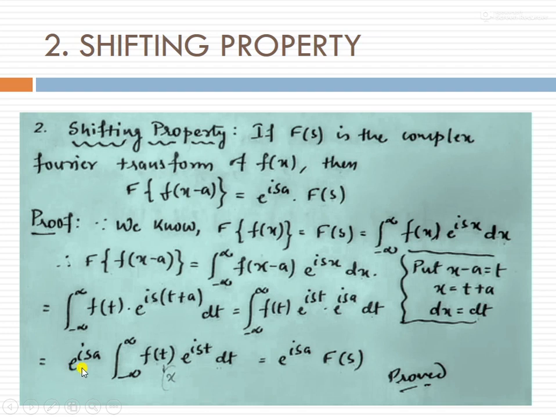So the integral of f(t) e^(ist) dt can be written as the Fourier transform F(s), that is e^(isa) times F(s). So we proved it. The other properties we'll discuss later.